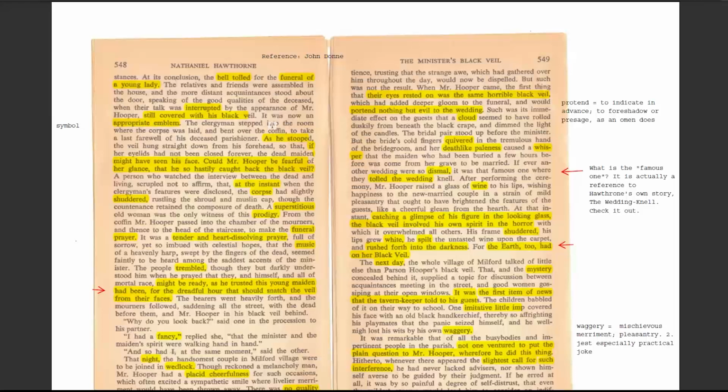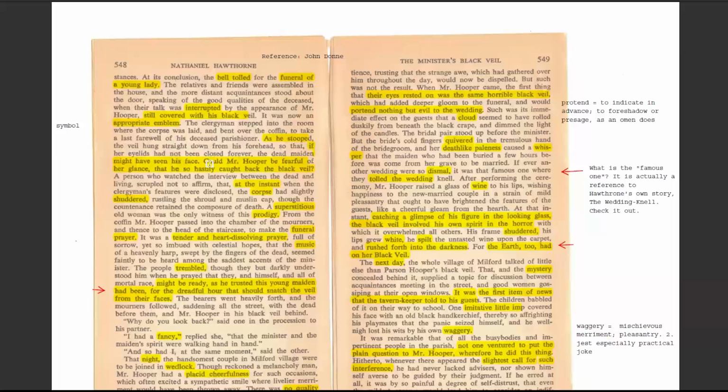The clergyman stepped into the room where the corpse was laid. They used to do that in the old days, right? Lay the corpse at home, etc. And he bent over the coffin to take a last farewell of his deceased parishioner. And as he stooped, the veil hung straight down from his forehead, so that if her eyelids had not been closed forever, the maiden might have seen his face.